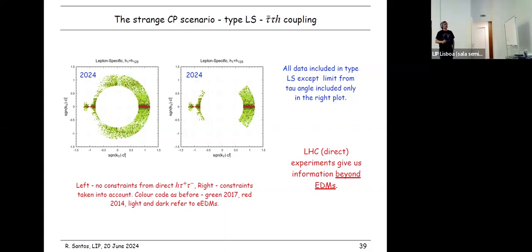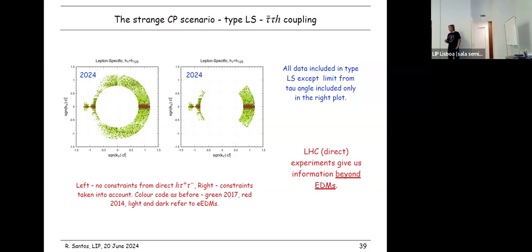More scenarios. So this is the lepton specific, and you see here that the only point relevant here, because the rest is just the same thing, is exactly this. In 2024, putting everything together, we still have the red dark points everywhere.